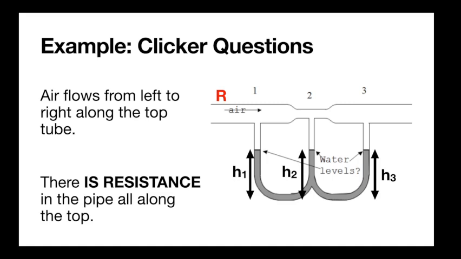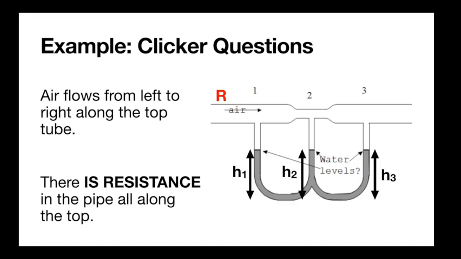The example we're looking at here, we have a pipe with air flowing in it from left to right. There is resistance in that pipe, and there is a change in area. Then we have a kind of pressure gauge, although this isn't like what we saw before, where we have a vertical column going up with water in it and the water flows up. Now the air pushes down on the water, right?